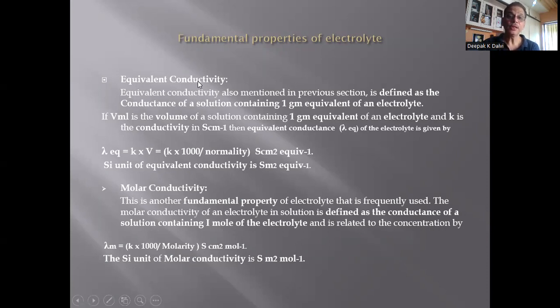In the case of equivalent conductivity, it is defined as the conductance of a solution which has 1 gram equivalent of an electrolyte.